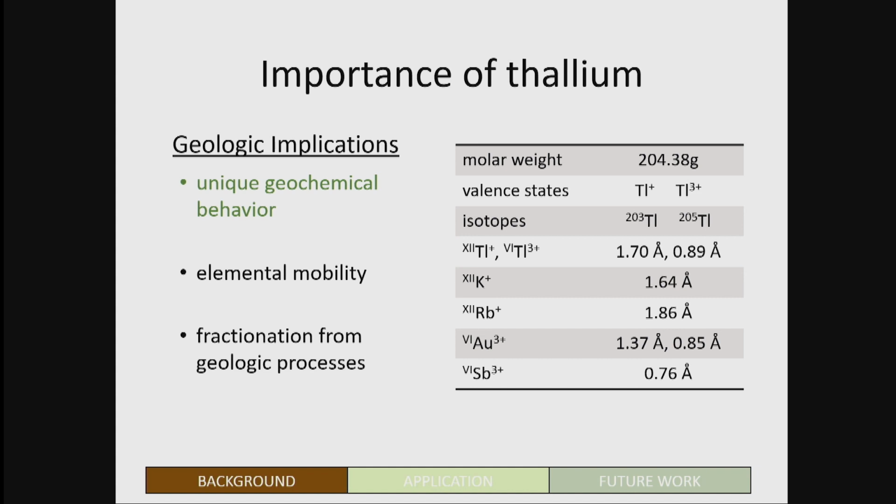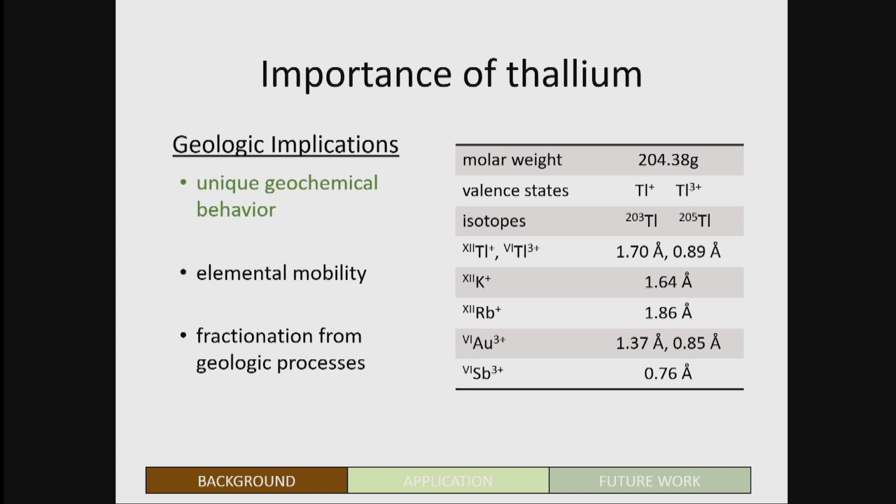It really wasn't until the early to mid-2000s that groups were even attempting to measure thallium isotopes. So I would consider this still a relatively new field. It's constantly evolving. We're finding new ways to apply thallium isotopes to understanding lots of different geologic and geochemical processes.